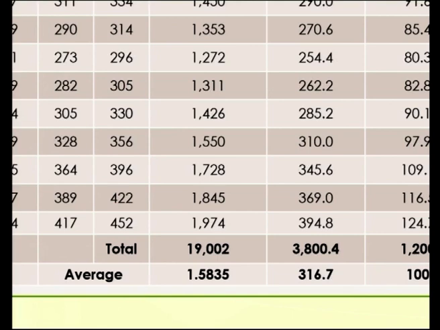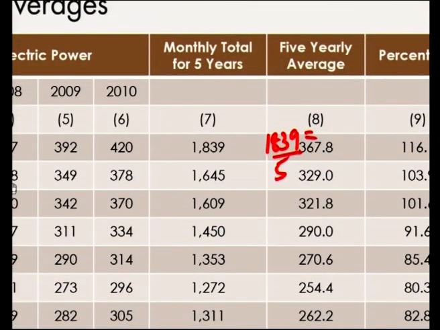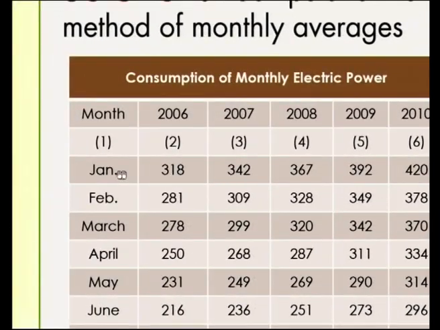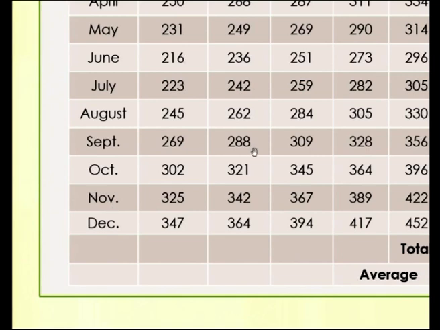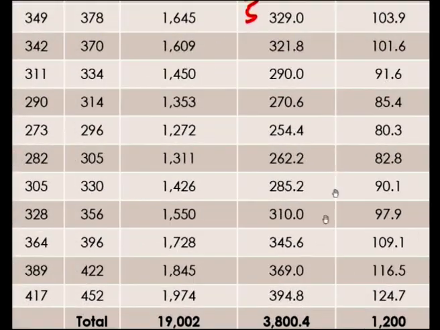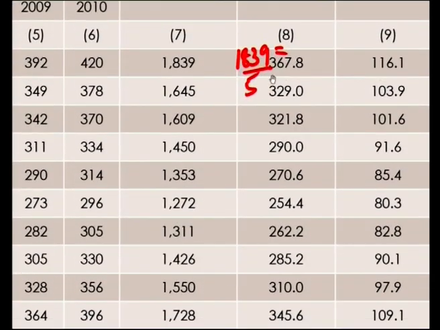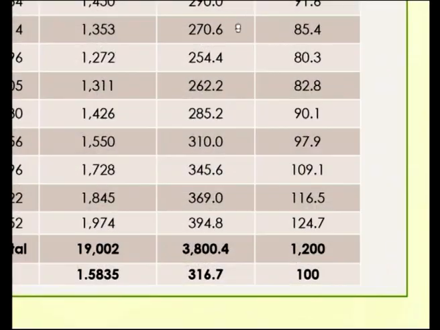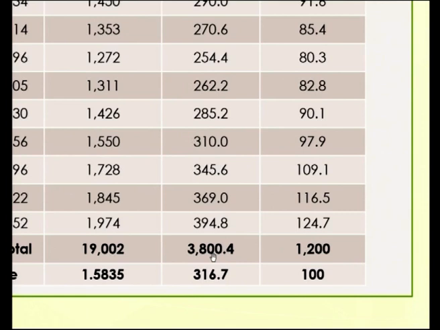Okay. This 3800.4 is obtained by adding how many values? There are 12 values, starting from January to December. So this 3800.4 is the summation of 12 values, and we got the total as 3800.4.